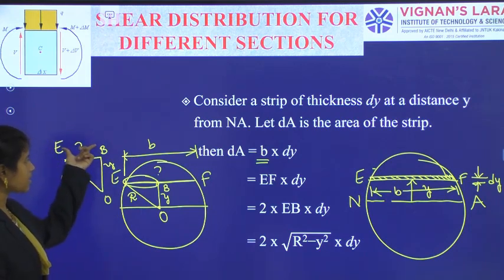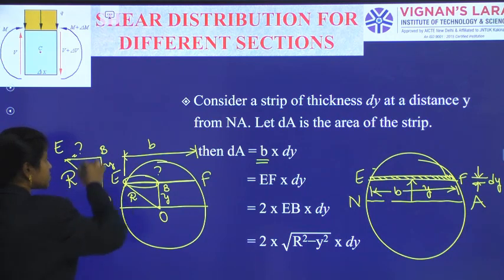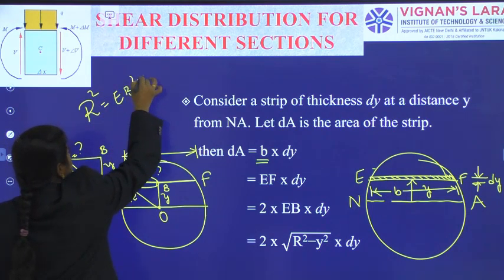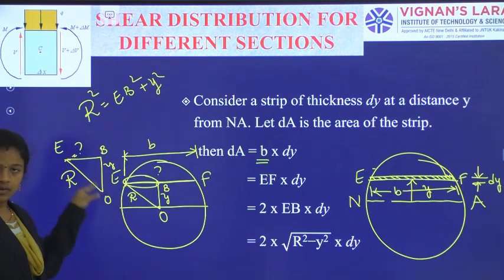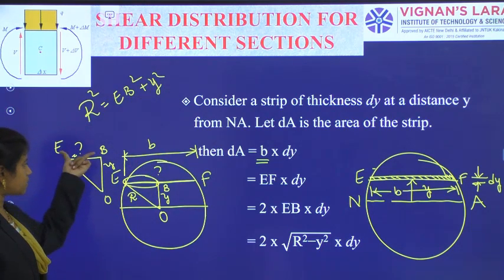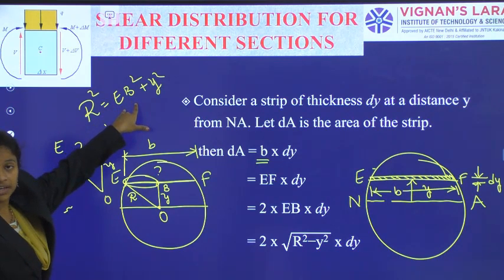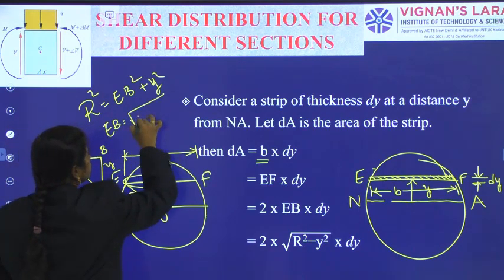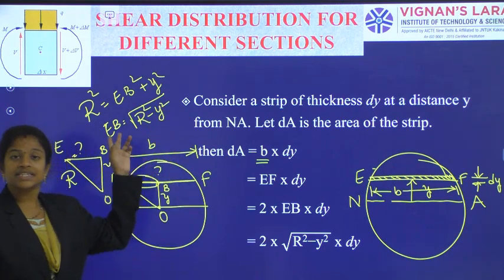So how much is EB? R square is equal to EB square plus y square, with R as the hypotenuse. I need to know EB, so EB is equal to under root R square minus y square.